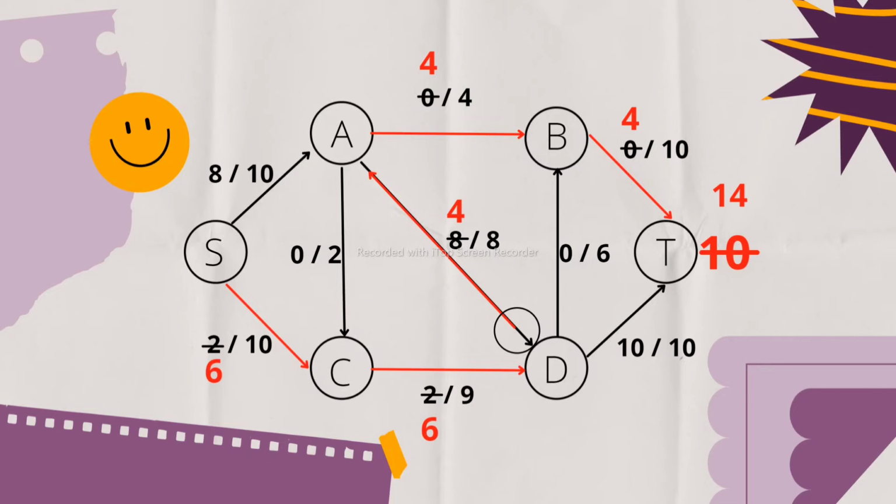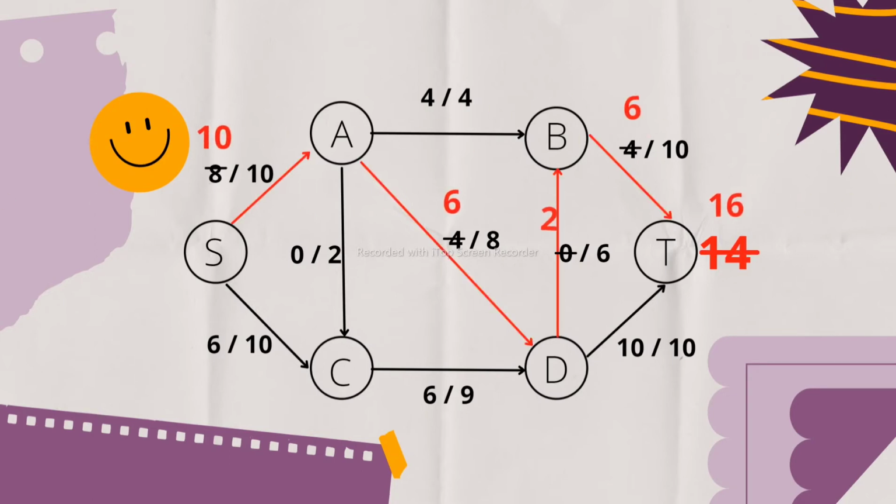This may seem confusing, but just remember that each node must remain in equilibrium. In other words, while we add flow to our forward edges in the path, we take away flow from the backward edges. Let's look for another path.